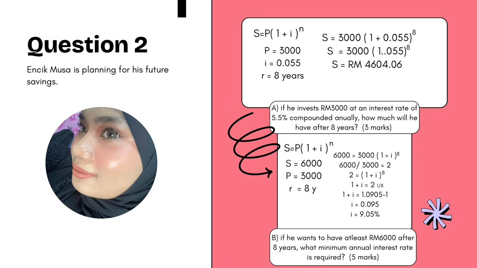Next, we take the 8th root on both sides. 1 plus i equals 2 to the power of 1 over 8. 1 plus i equals 1.0905. Therefore, i equals 0.0905. So, the minimum annual interest rate required is 9.05% per year. So, that's all for me.